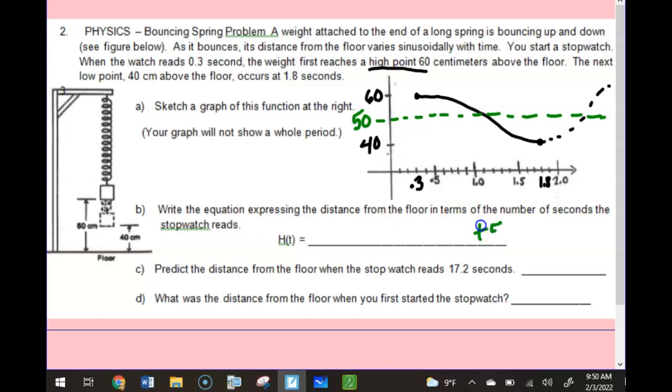So we're going to have a plus 50 on the back. Go ahead. Okay, so from the top to the bottom was a total length of 1.5 seconds. Okay, so what does that make the full period then?